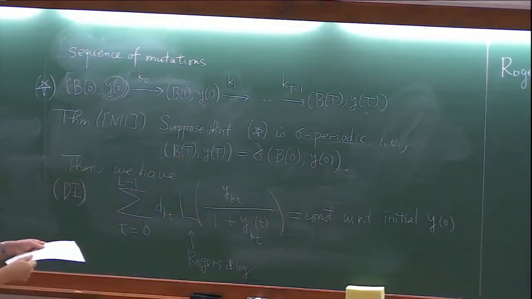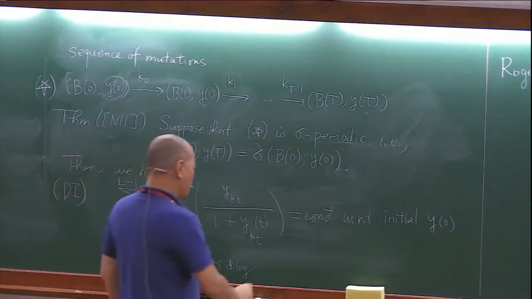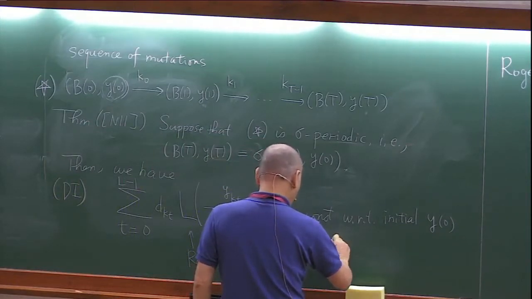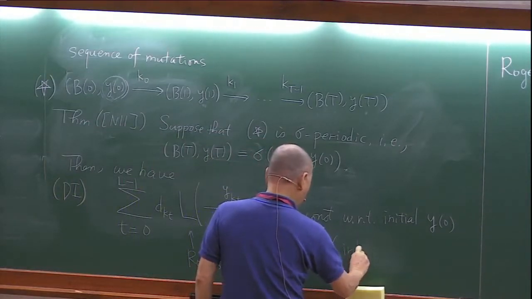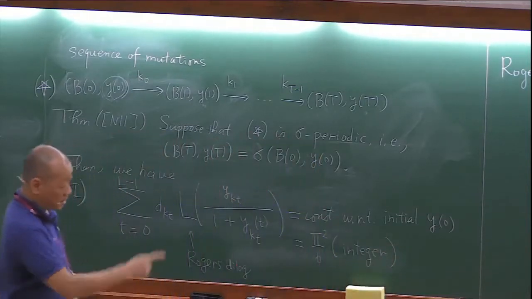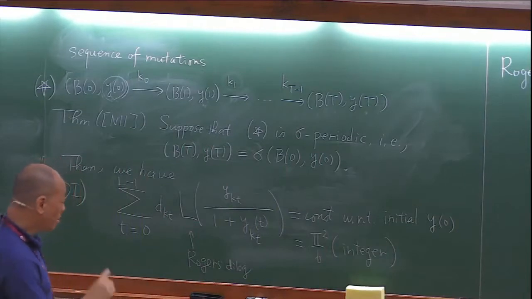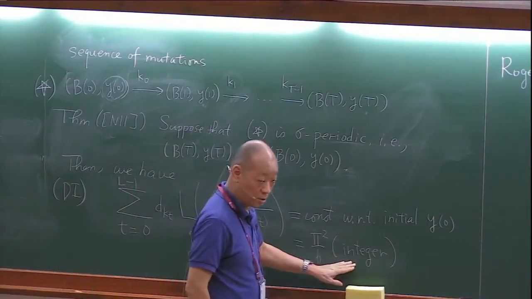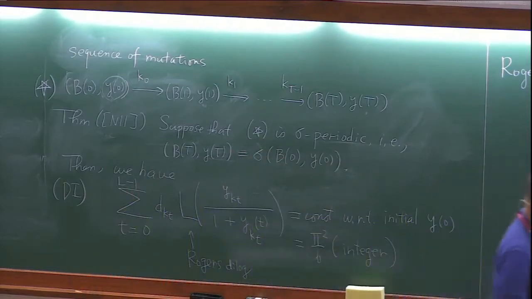It is a functional identity, and this constant is actually an irrational number, but it has the following form, just like those examples. And I'm going to explain later what this integer is. We will determine it on the same principle.